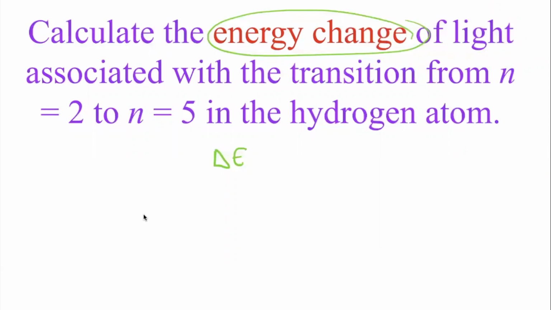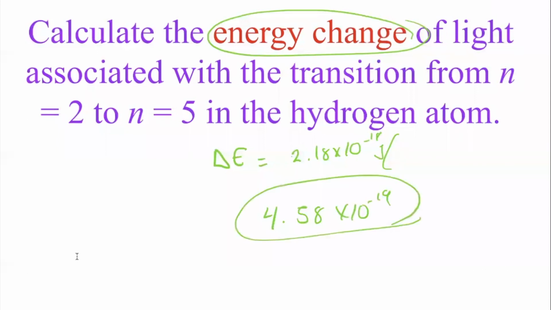And the answer should be using this equation. Your final answer should be 4.58 times 10 to the negative 19. That's the equation from above.